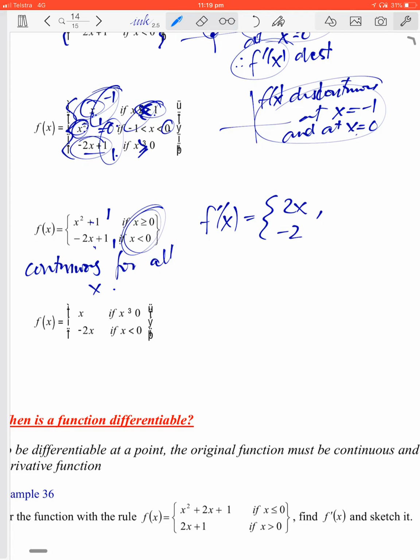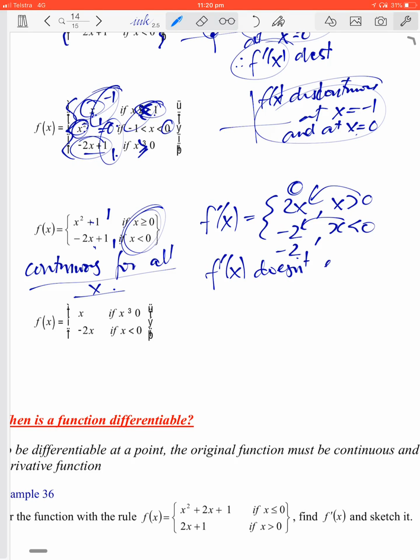Now, if I put 0 into this, I get 0, and if I put 0 into this, I get negative 2. So, whilst the original function is continuous for all values of x, f dash of x does not exist at x equals 0. So the gradient doesn't exist, but the original function does.